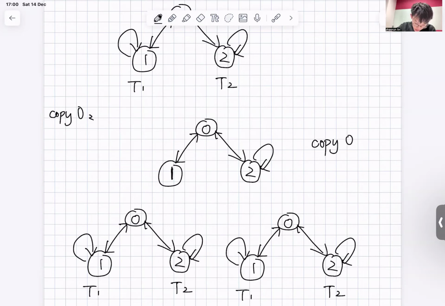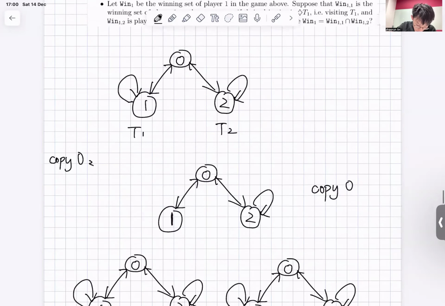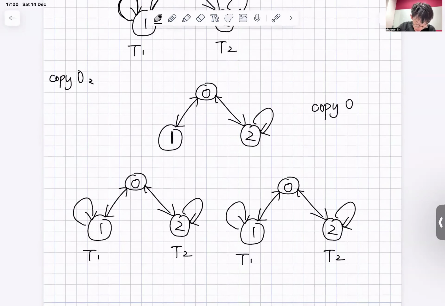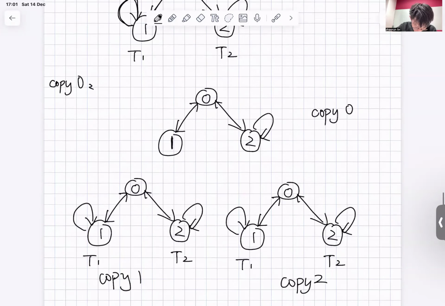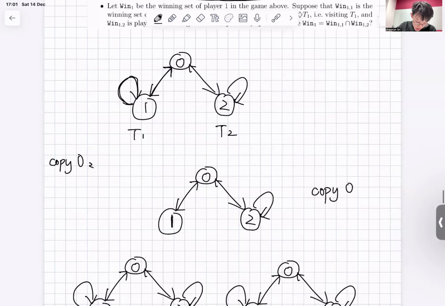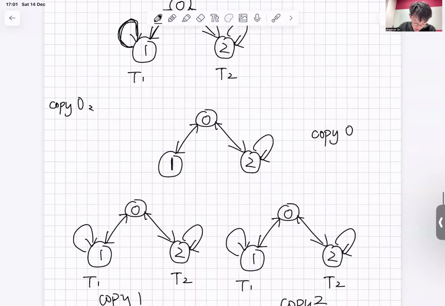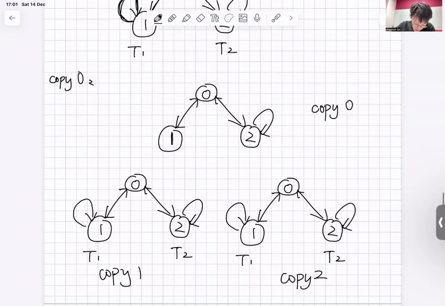add an edge. You can see that in the original game, we have an edge to itself, and we have an edge to vertex 0. So this is T1, and this is copy 1 and copy 2. For this vertex, since it has an edge to itself and to node 0 in copy 0, we want to create an edge to vertex 0 and also create an edge to vertex 1 here.